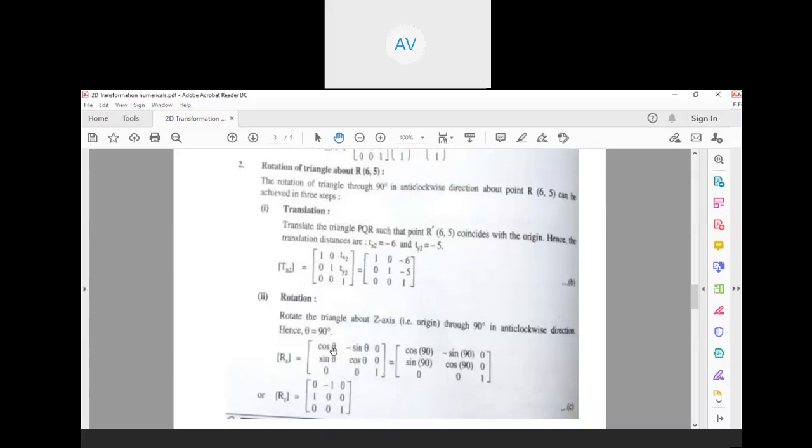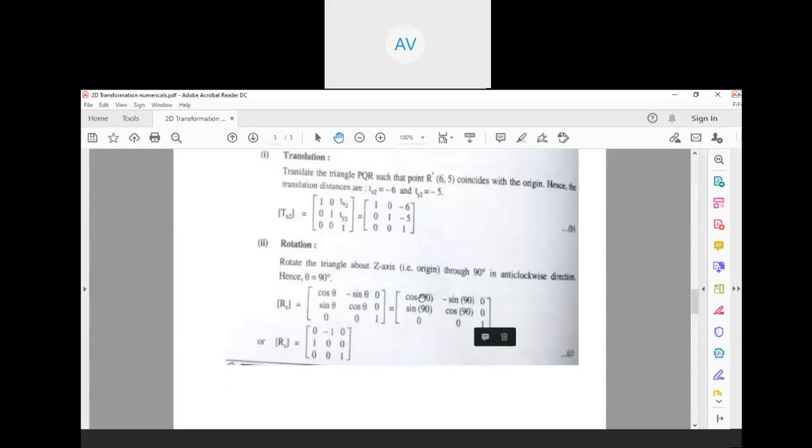So in place of theta I will write 90 degrees. Cos 90 is 0, minus sin 90 is -1, sin 90 is 1, cos 90 is 0. So I have rewritten the rotation matrix.